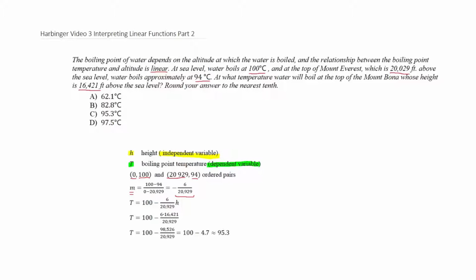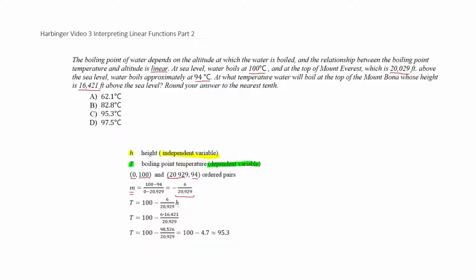Pretty flat slope. In order to get the slope-intercept formula that will allow us to find the unknown variable T, we don't need to look for the value of b, the y-intercept, because we are given this value. It is temperature 100 degrees Celsius at which water boils at sea level when height or altitude is equal to 0. So now we have a formula for calculating the boiling point temperature at any level or any altitude.